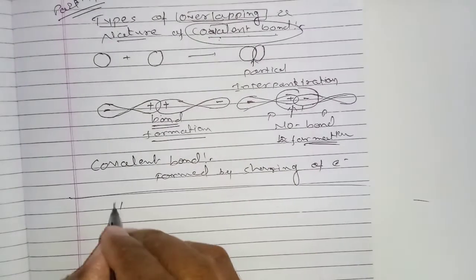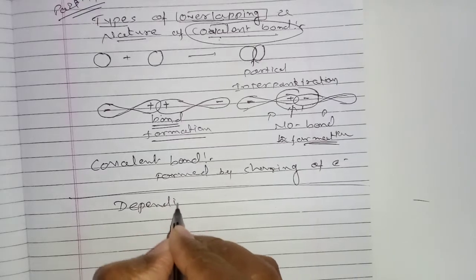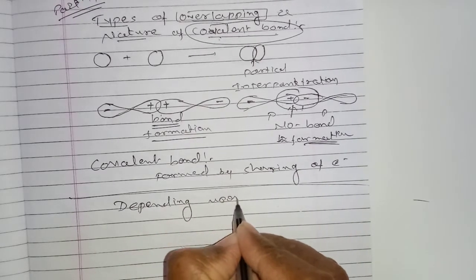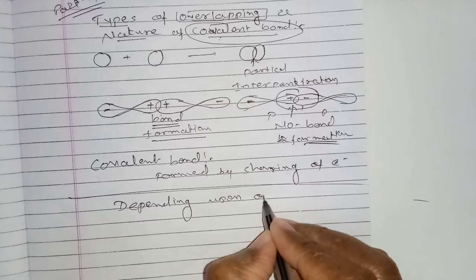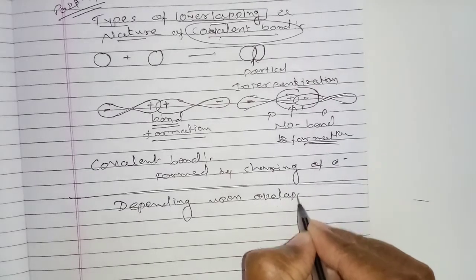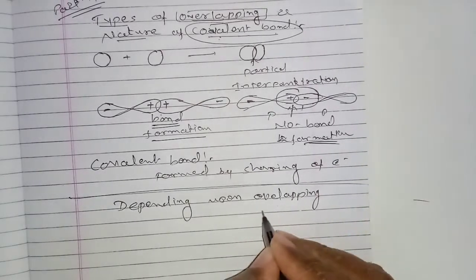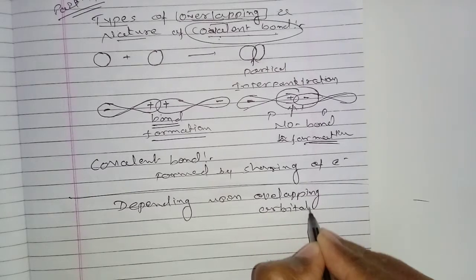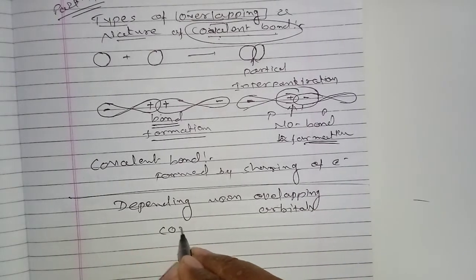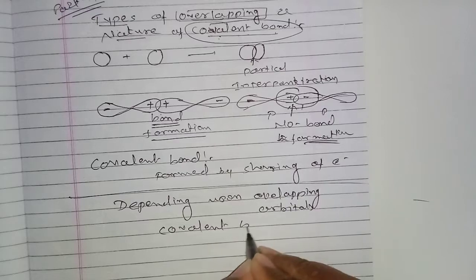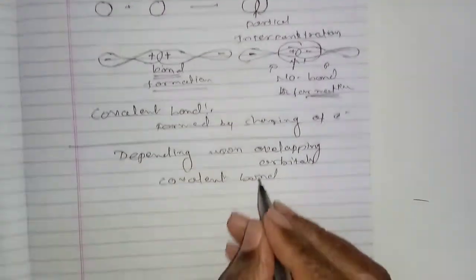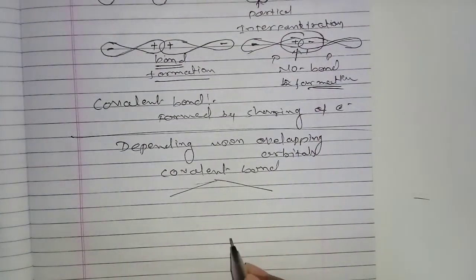Okay, depending upon the overlapping of the orbitals, covalent bonds are divided into two categories.